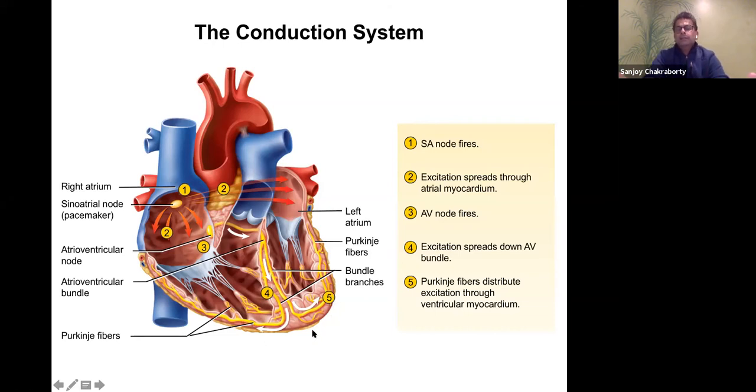Now, what are these cells? These cells can generate their own signal. It's like a generator. Let's say we live in the city or Long Island. In the city, Con Edison sends the electrical signal to your house. In Long Island, LIPA, which is now PSEG Long Island, sends the electricity to your house.